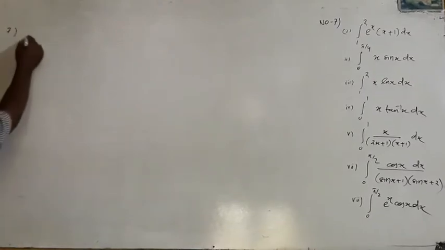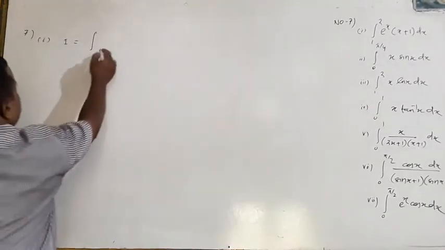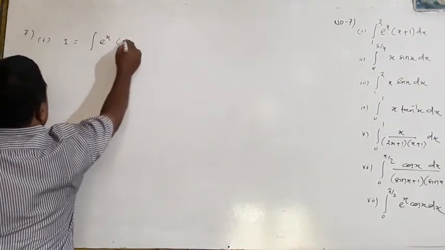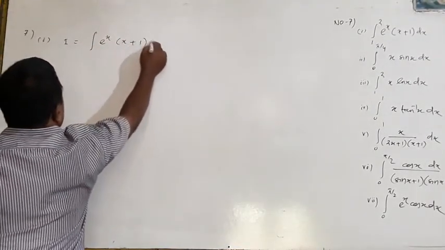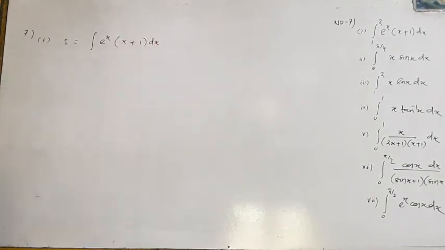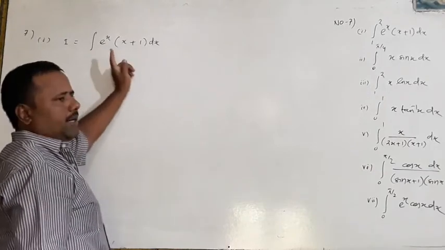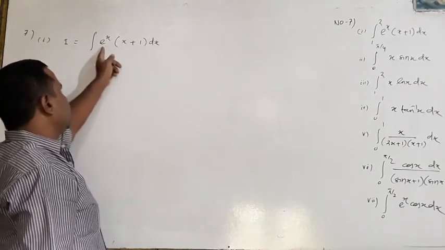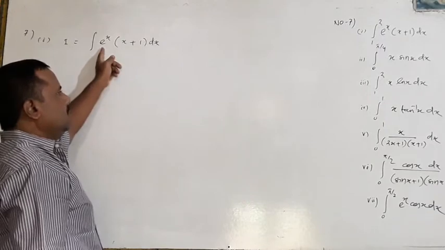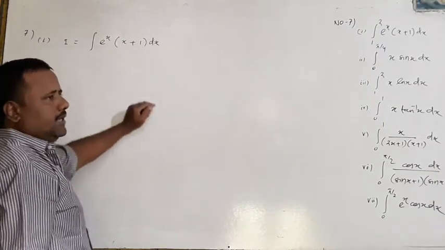Look at here. Suppose this is e to the power x into x plus 1. Many students are doing this problem by multiplying x e to the power x, 1 e to the power x, or taking this as the first function and this as the second function, then integrating.